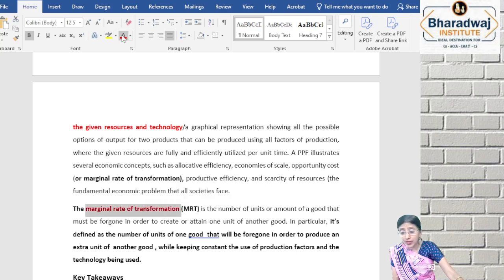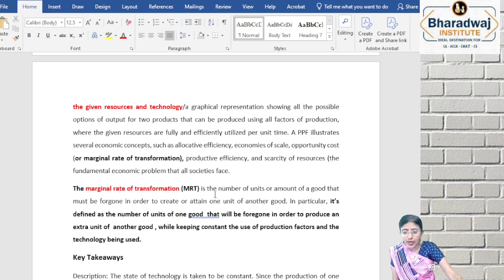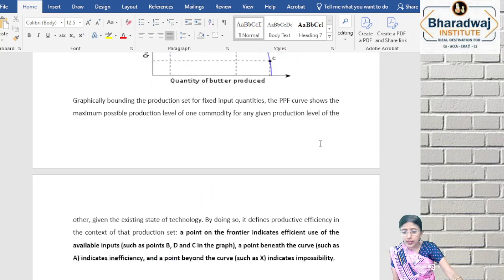In the indifference curve we saw it as MRS. Here it is MRT. MRT is the amount of goods that must be given up to attain one more unit of another good. So underline your definition of PPF and definition of MRT. That's all, for your quick understanding. Are you clear? Yes.